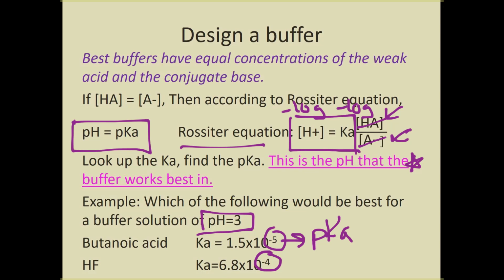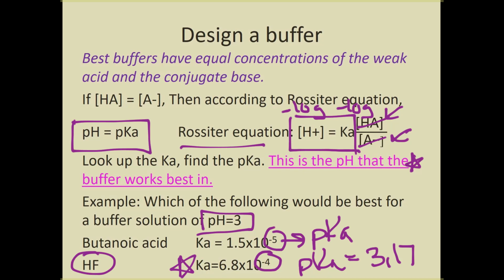And the one down below is going to be a pH between a 3 and a 4. I think it actually ends up having a pKa of 3.17 if you actually do the math. But you could, again, just look at the exponents to give you an approximation. But if I were to pick a buffer for a pH of 3, I would pick this last one.